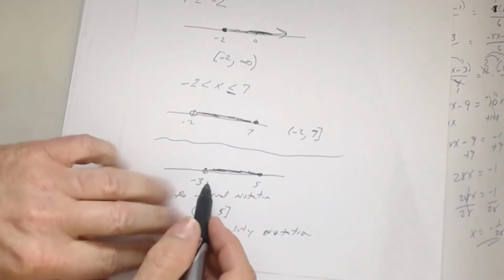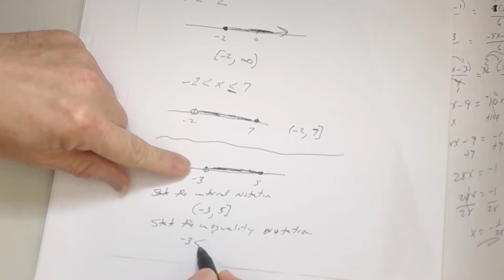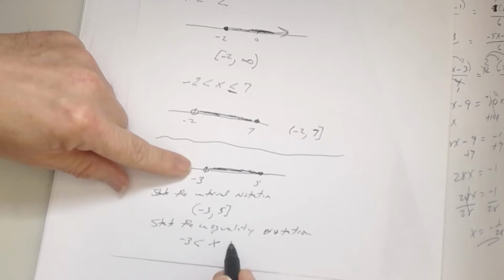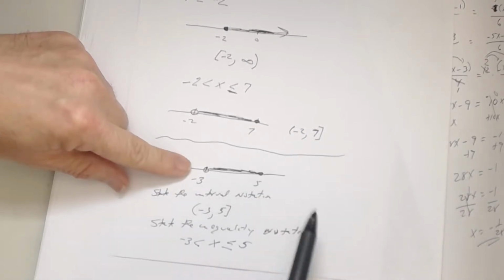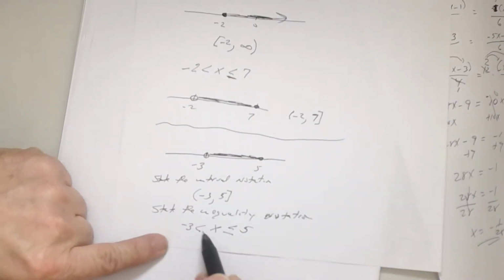You're saying that -3 is the smallest, so that's going to be less than, not less than or equal to, only less than because of the open circle. Then x is less than or equal to 5, because the 5 has what kind of circle? Closed.